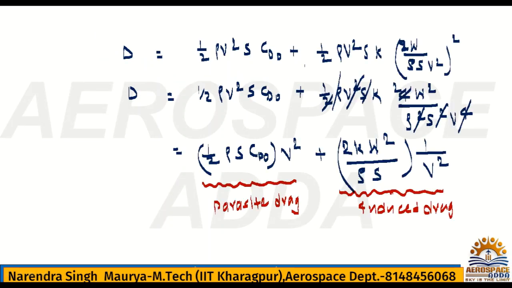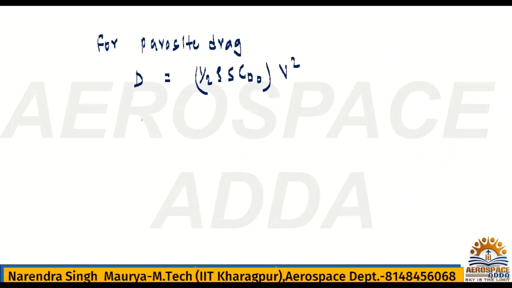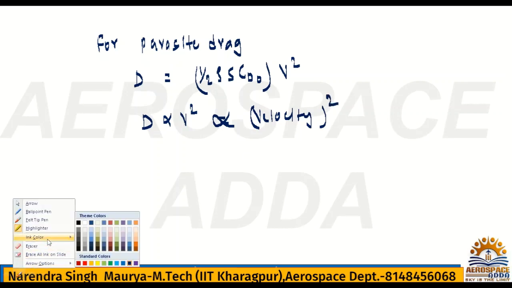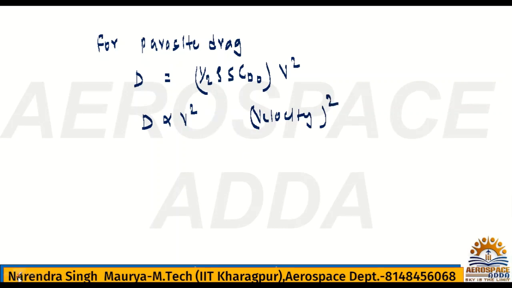Check: half rho S CD naught into V square. That means drag is directly proportional to velocity square. It should be very clear here. There should not be any kind of confusion.